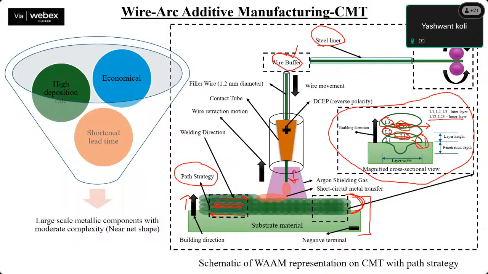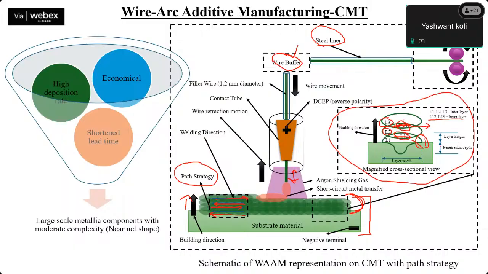The grains are modulated and transform into columnar or equiaxed grains. So it depends on how well we are fabricating the component. If we have thermal imaging cameras and other temperature sensors, we can integrate them and fabricate a very good WAM component through wire arc additive manufacturing using CMT.